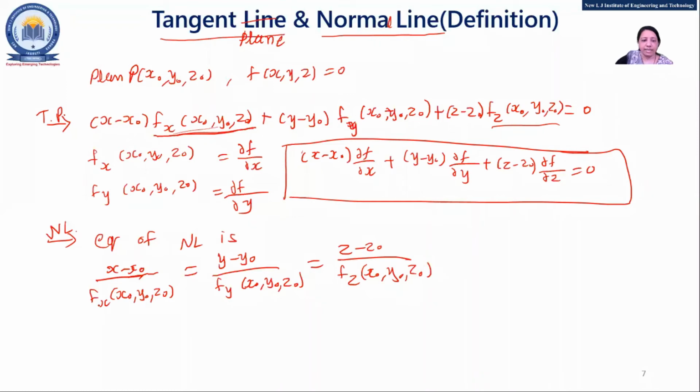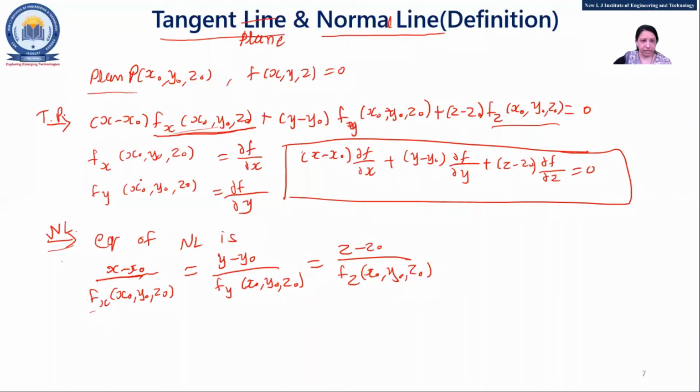And you can see that fx at (x0, y0, z0) is nothing but del f by del x. So this is also a simple one, tangent plane and normal line. These are the two equations. Just two things you are supposed to find out. Fine. So what will be given to you?